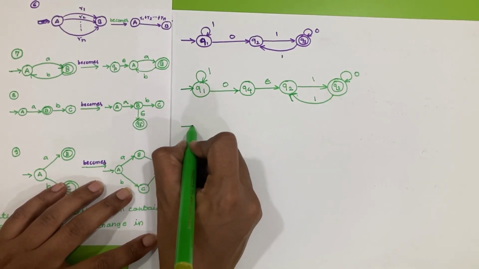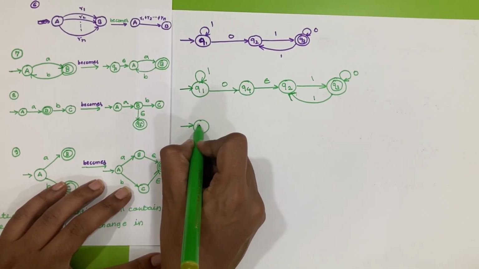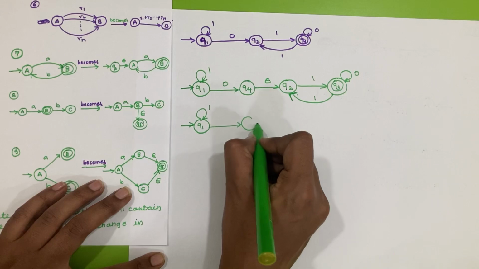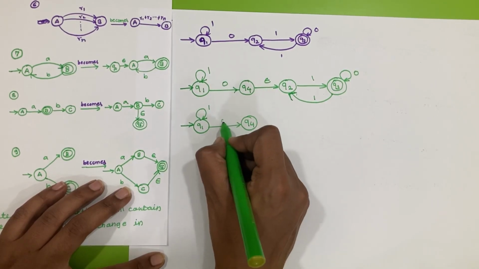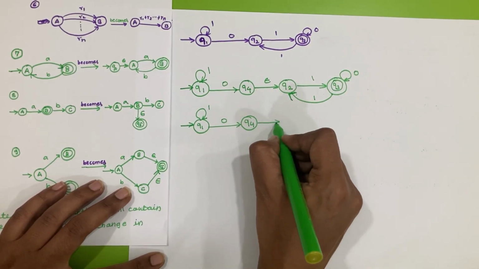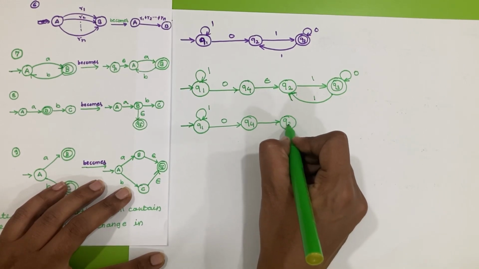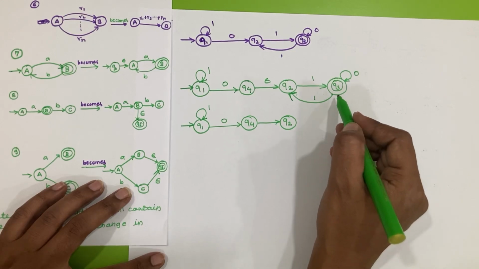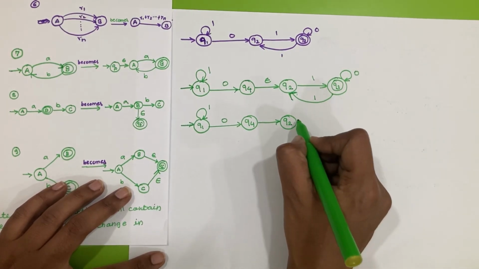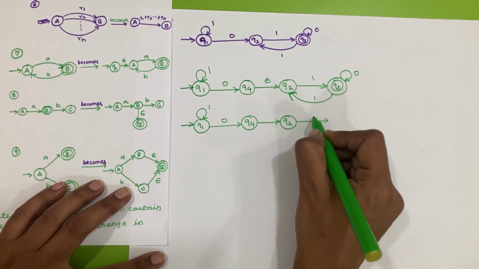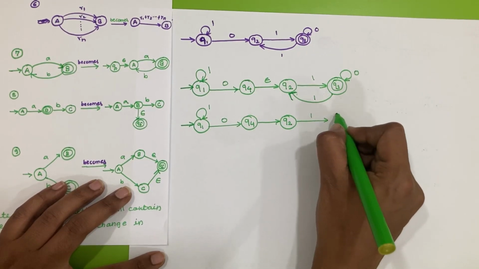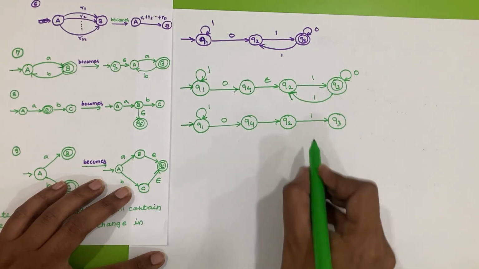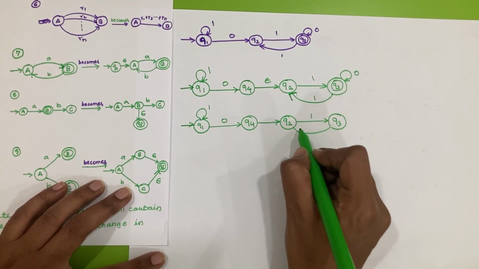Q1 remaining transitions will remain same. Just we have to add one extra final state for this state. Remaining transitions will be same as previous, so this will not be final state now.